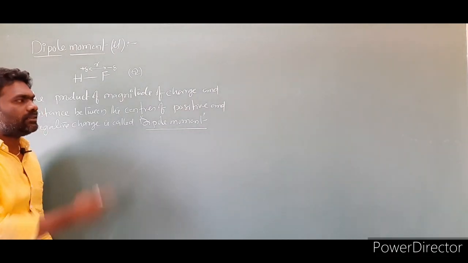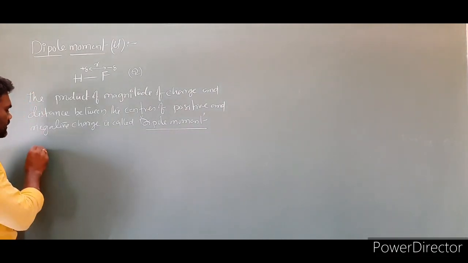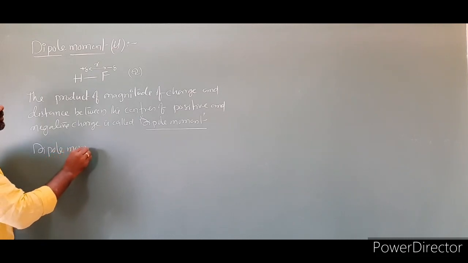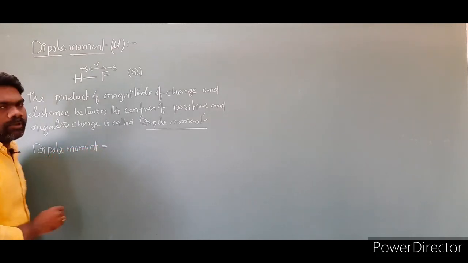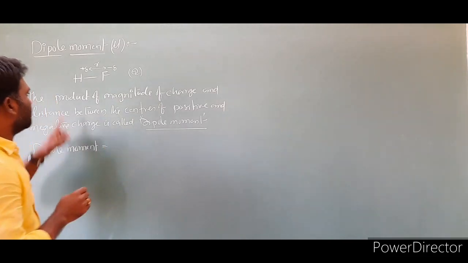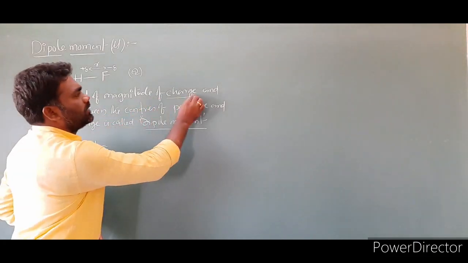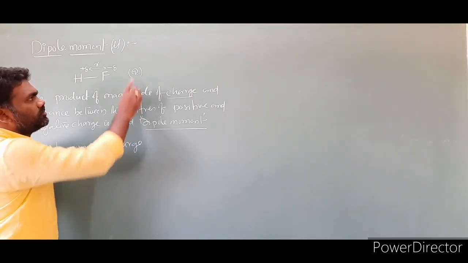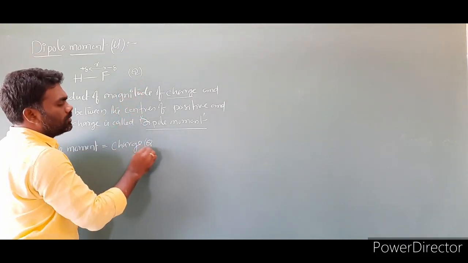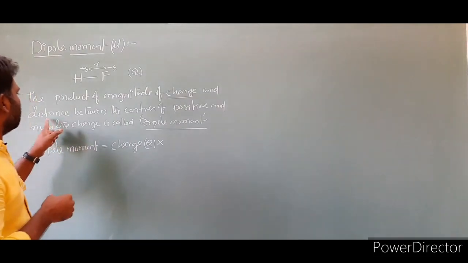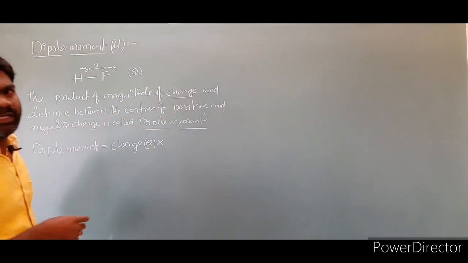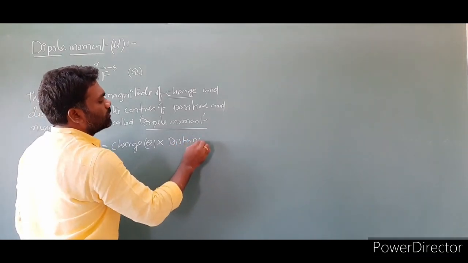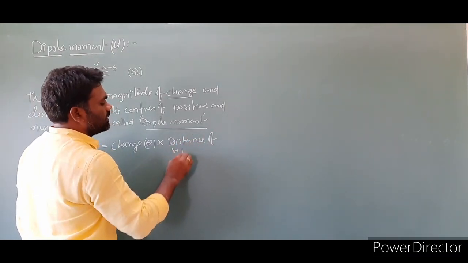Mathematically, the dipole moment is expressed as: dipole moment is equal to the product of the magnitude of charge, which we represent by q, into the distance between the centers of positive and negative charge, the distance of separation.